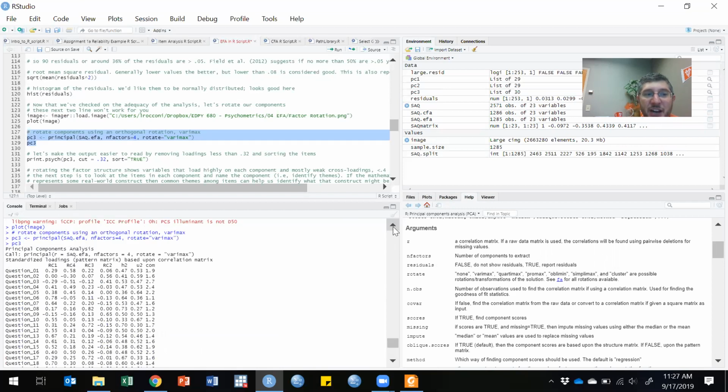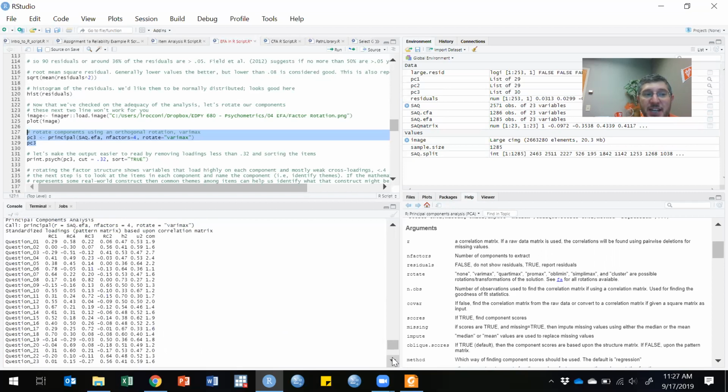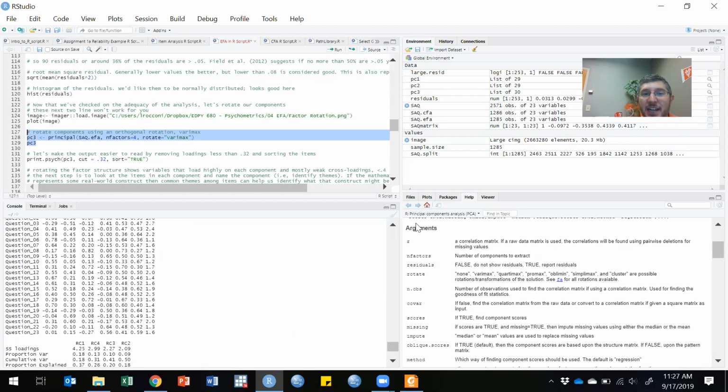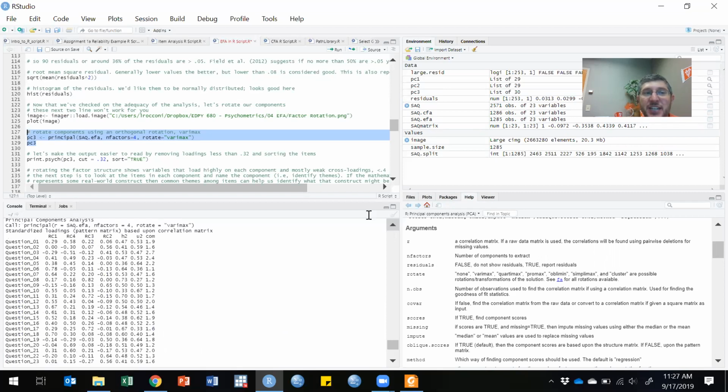So here's our output again, now that our factors are rotated. It's not that easy to read, so there's this print psych command in the psych package. We want to see our third principal component run, and we only want to view the loadings if they're greater than 0.32.